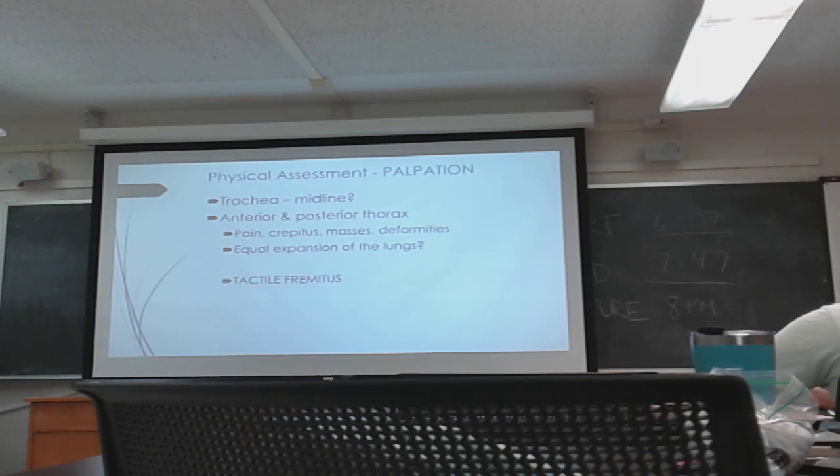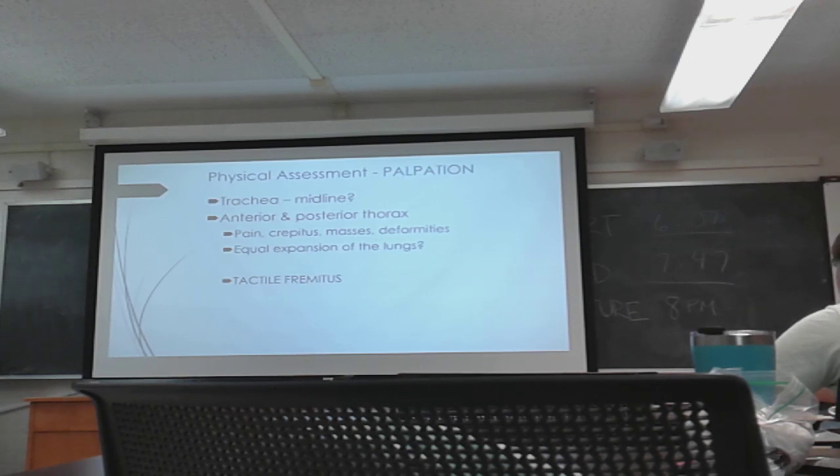Tactile fremitus is another palpating assessment. You stand behind the patient and put one hand on each lung field and ask the patient to say 99. We should feel the same vibrations bilaterally.